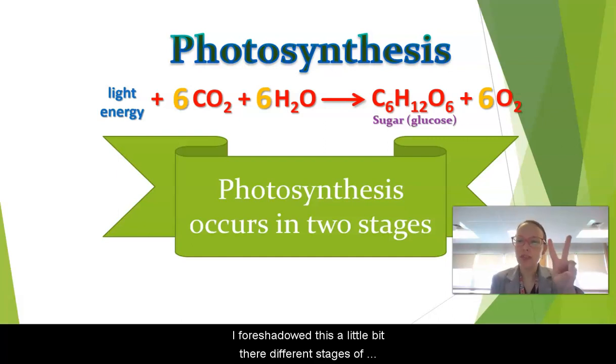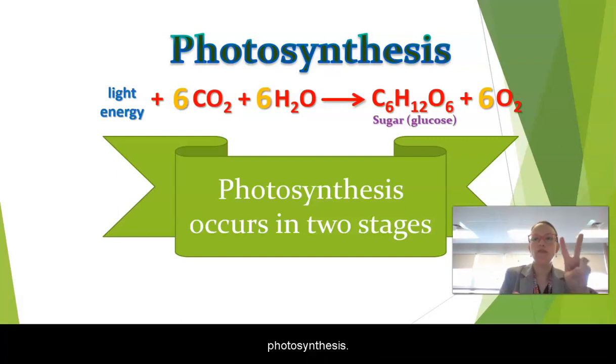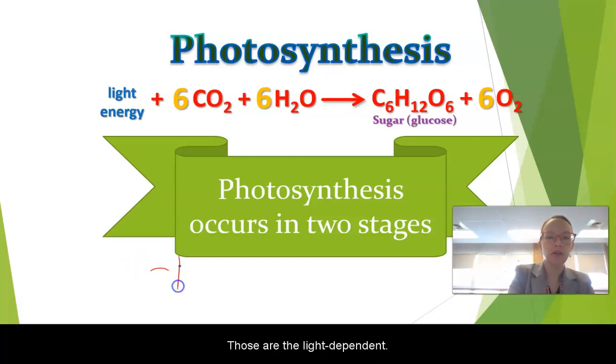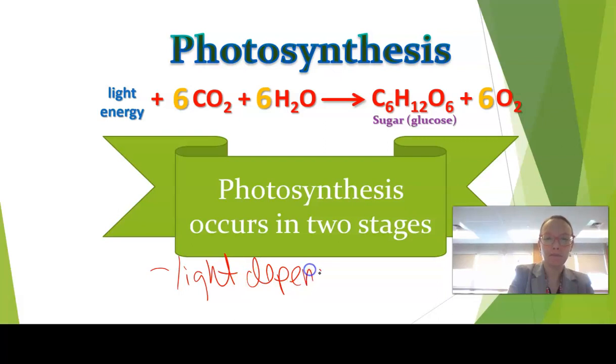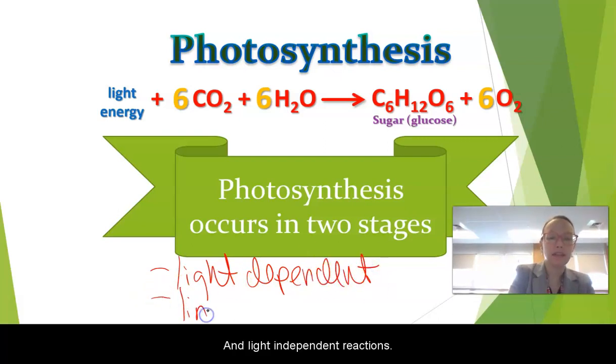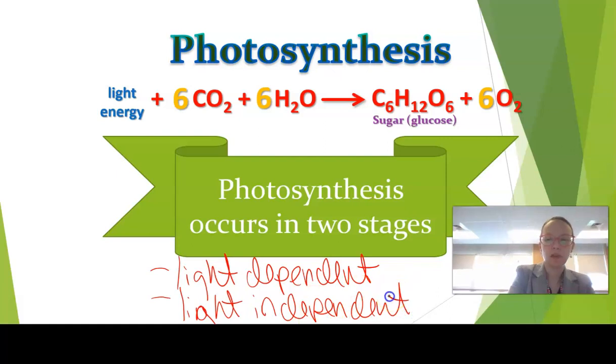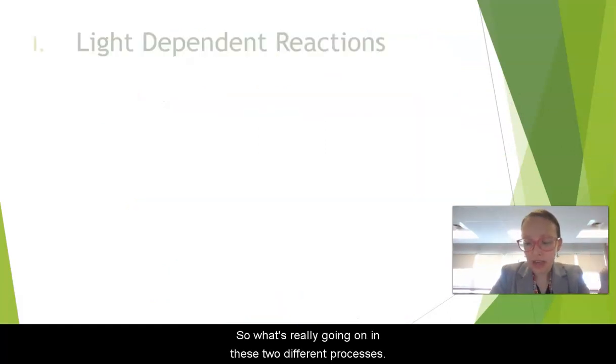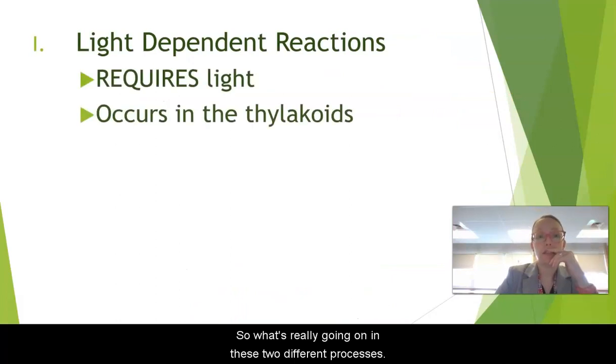There are two different stages of photosynthesis, and those are the light dependent and light independent reactions. So what's really going on in these two different processes?